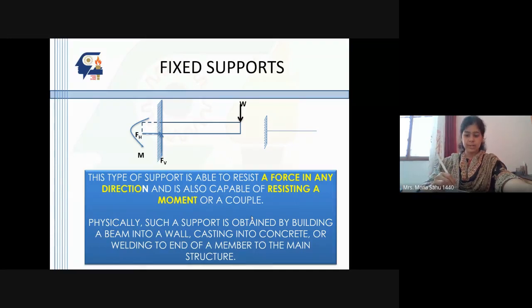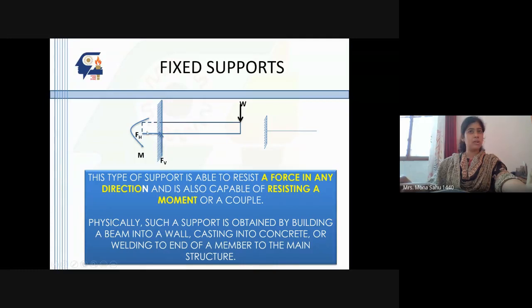So fixed support is the next one, where it is completely fixed. Able to resist a force in any direction and also able to resist moment. It is also able to resist bending moment. So you have a cantilever beam and a force on the edge here. So there will be a reaction force.